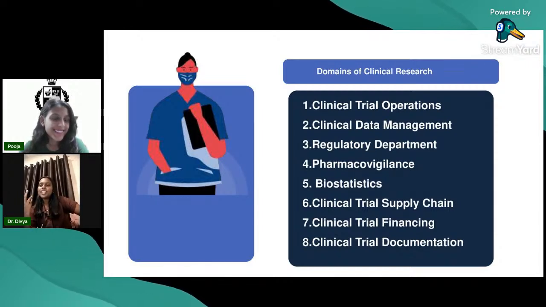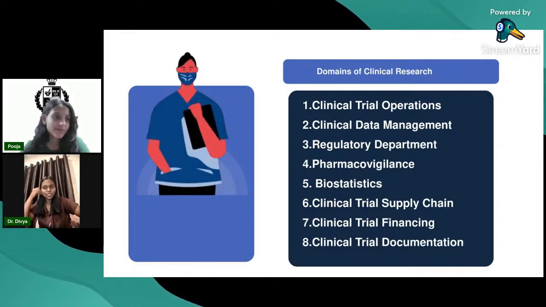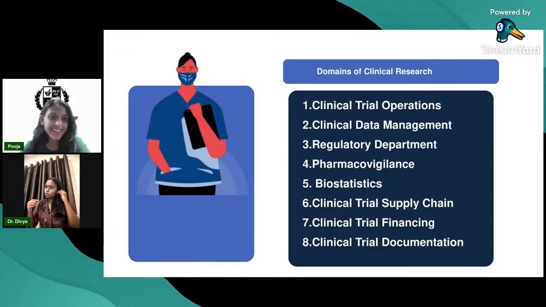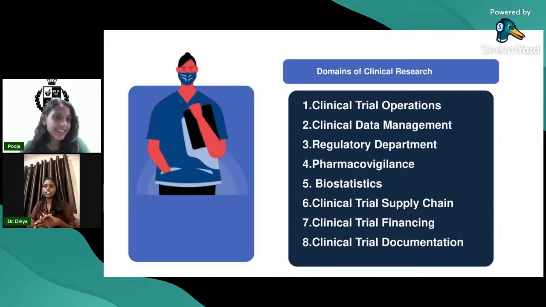Whatever material you require, you have to find it. You have to check whether it is of good quality, the pricing, the follow-ups, the shipment, everything you have to look after. These people are the ones who provide any logistics or infrastructure you require for the clinical trial.